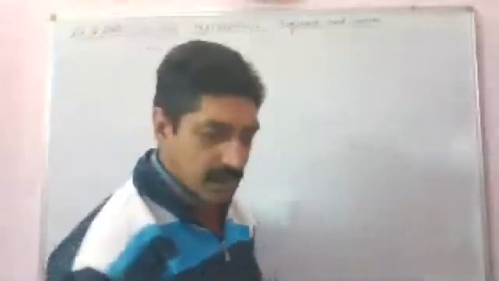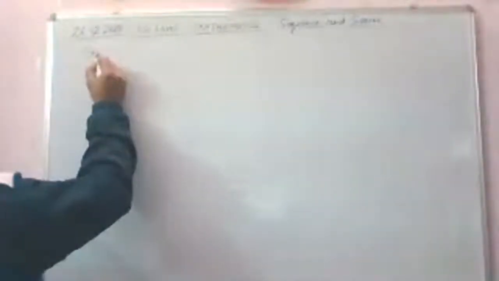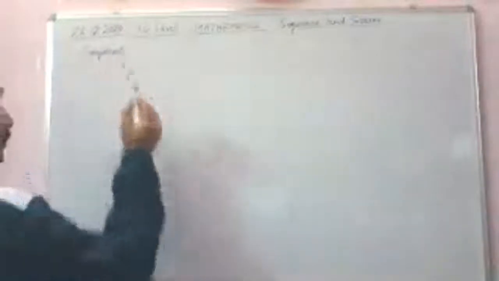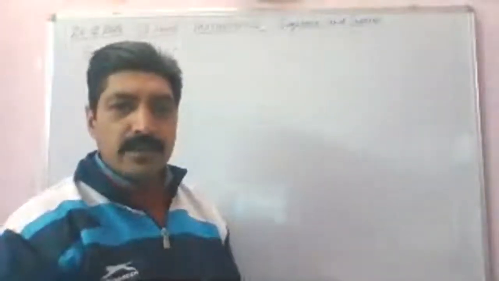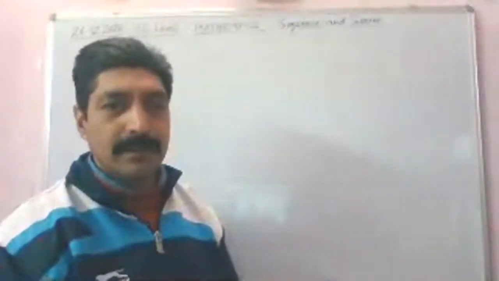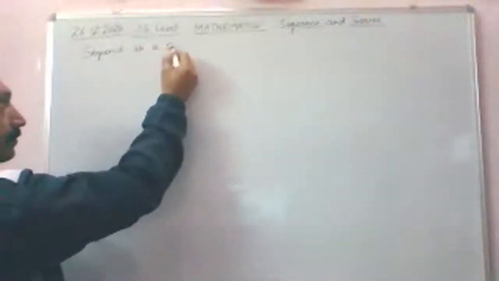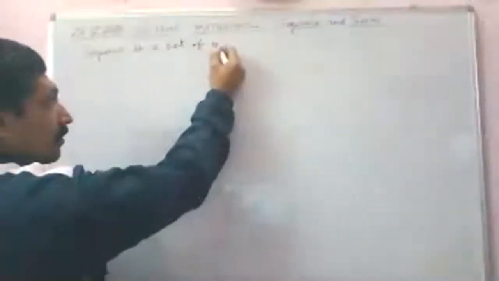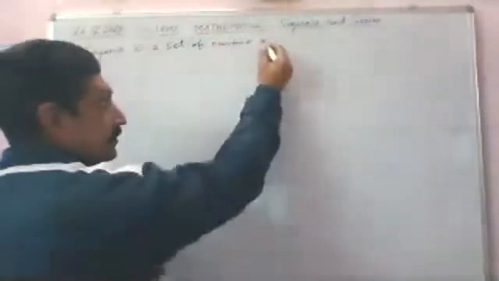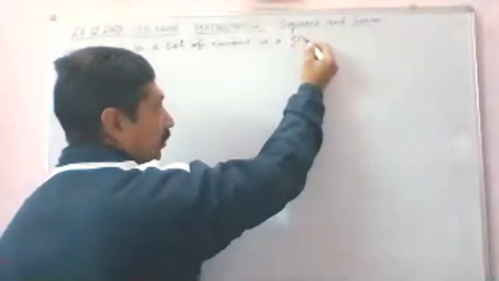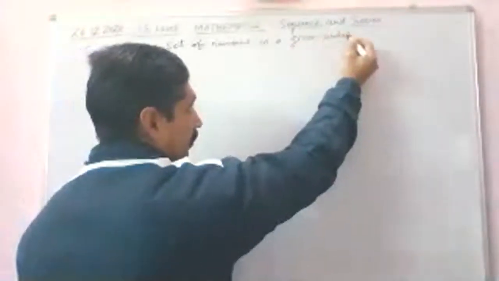So first of all, the sequence. We have used the word sequence so many times. Like if children in the school are standing, we say, okay, stand in a particular sequence, in a particular pattern, right? So a sequence is a set of numbers in a given order, right?